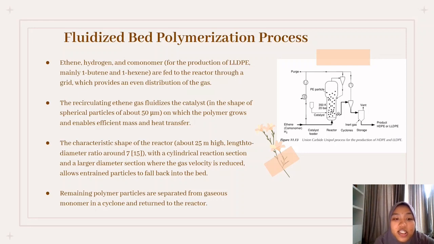The characteristic shape of the reactor is about 25 meter height, length to diameter ratio about 7, with a cylindrical reaction section and a large diameter section where the gas velocity is reduced, allowing entrained particles to fall back into the bed. Remaining polymer particles are separated from gaseous monomer in a cyclone and returned to the reactor.